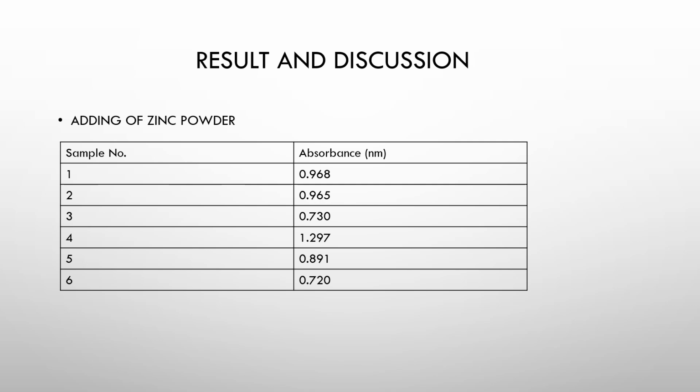The increase in absorbance after zinc addition suggests that some of the analytes were not fully detected before reduction, and after reduction, more of the analytes were converted to the detectable form, giving a higher absorbance reading. Some samples with very low absorbance initially, for example sample 3, may have contained analytes in forms that do not react directly with the color reagents.